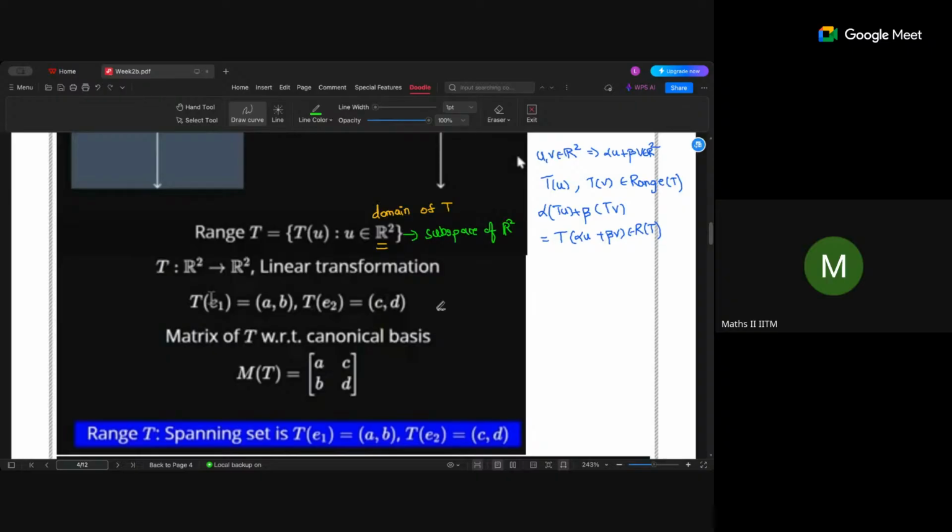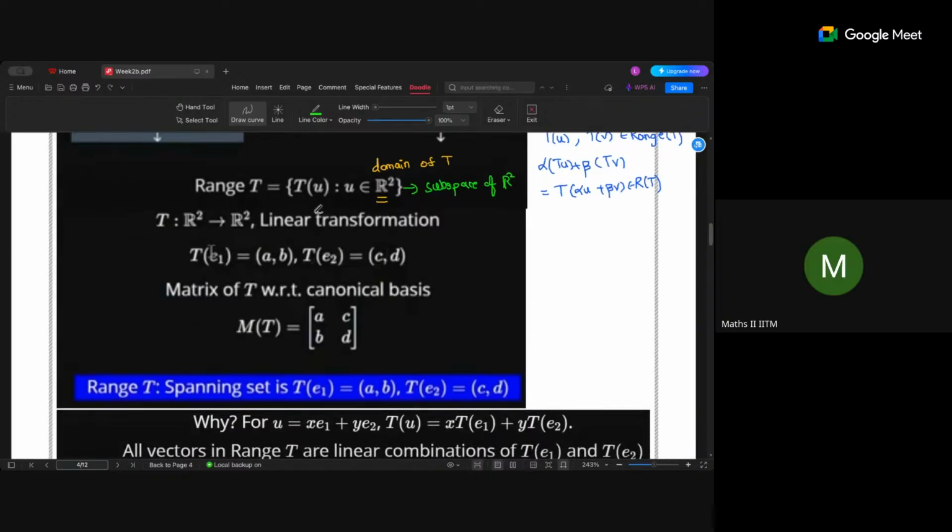Now, since this is a subspace, we can find a basis, a spanning set. What is the simplest spanning set we can think of? It is simply Te1 and Te2, because e1 and e2 form a basis of R2. Te1 and Te2, we cannot say, form a basis, but they will form a spanning set for the range. How can we say this? What is meant by a spanning set? Can you recall the definition?